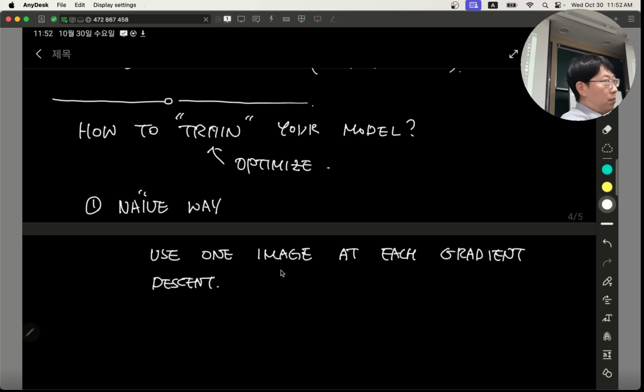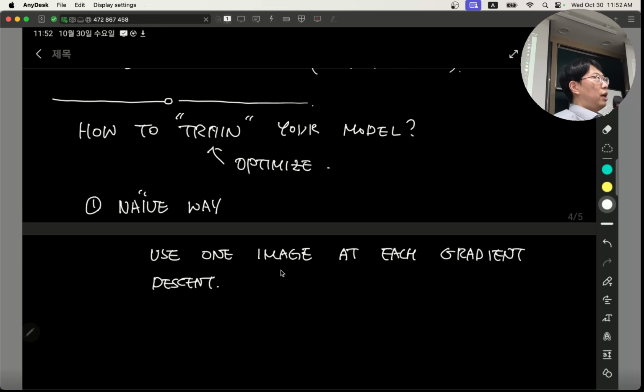But if your data sets are consistent, let's say the first image is 0 and the second image is also 0, similar but not the same, then your gradient descent will point in a similar direction to your first training. So you minimize the loss function. Once you go through all the image data once, you can guess that your model can predict your entire image set correctly better than before. That's one naive way.